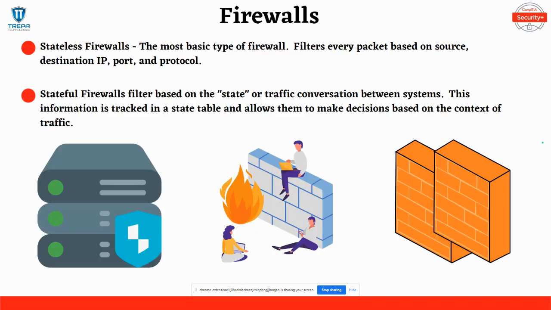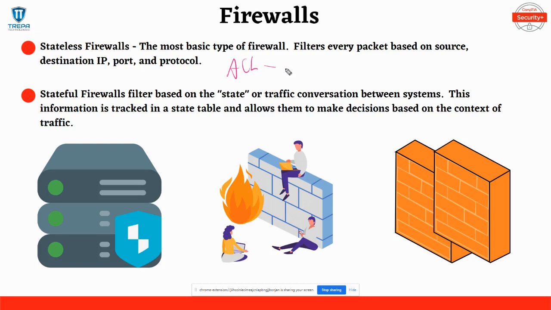And then some more firewalls. So stateless firewalls are the most basic type of firewalls, and they're going to filter packets based on IP addresses, ports, and protocols. Stateless firewalls will filter traffic based on permit and deny statements, or ACLs, we like to call them, access control lists.